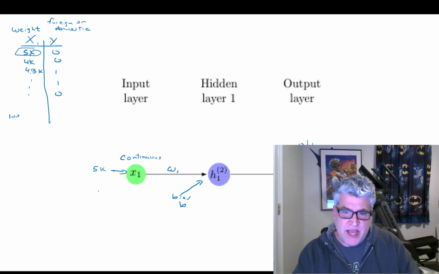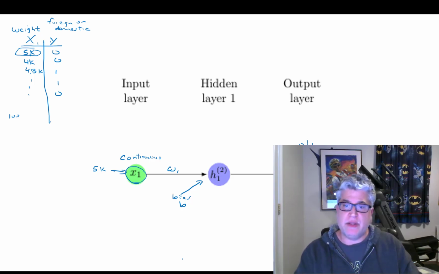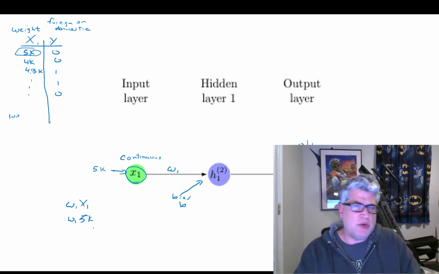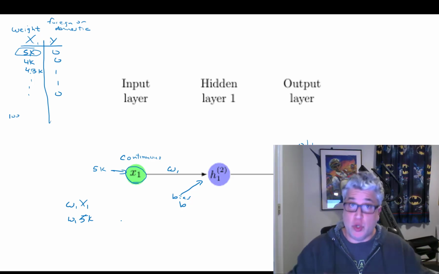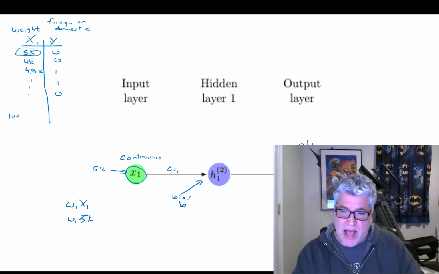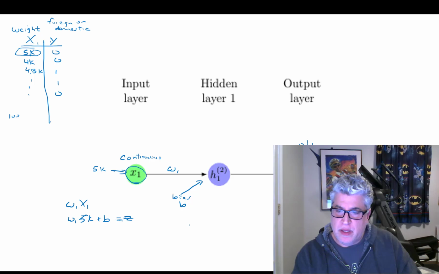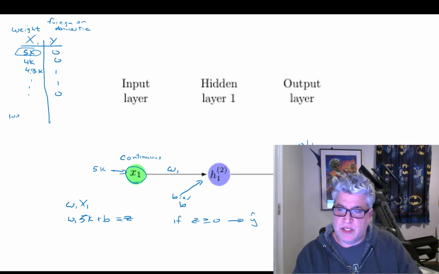and then what? Well, we're going to take this value of x, that's here now in the green node, and multiply it by its weight. So that's W1 times 5,000. I don't know what W1 is, just some number, could be 2 or 10 or whatever. We'll add the bias to that, and we'll call this Z. And for perceptrons, our rule was if Z is greater than 0, then our prediction for Y is going to be 1.